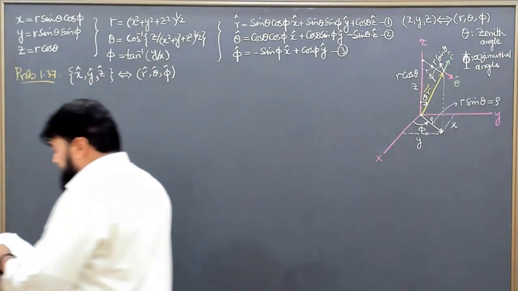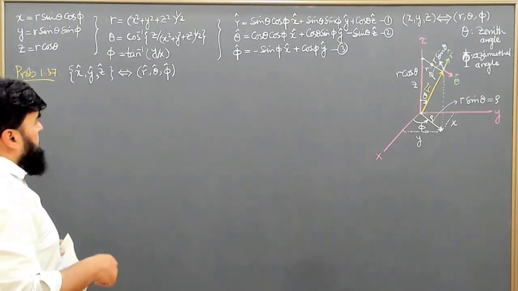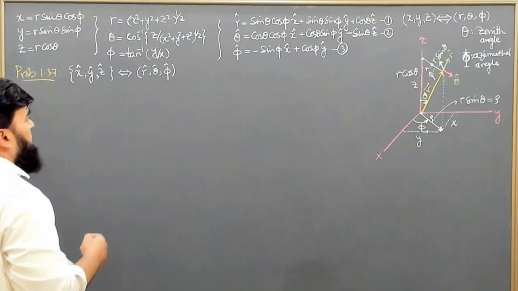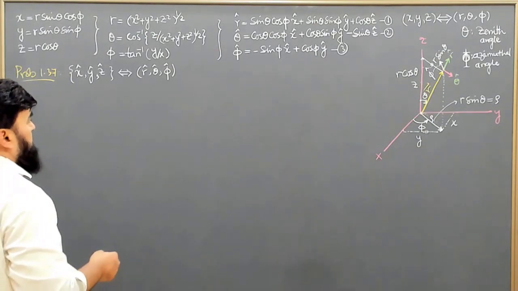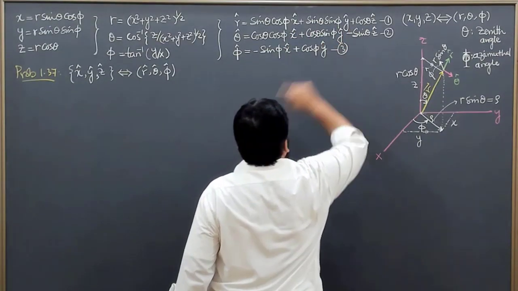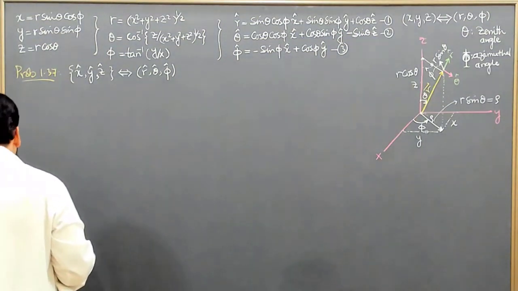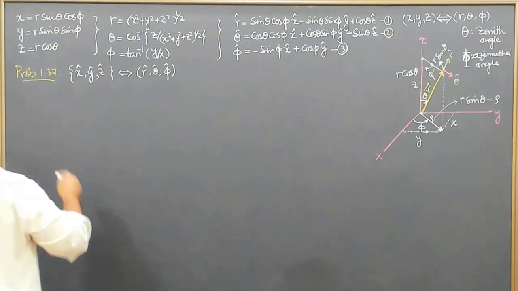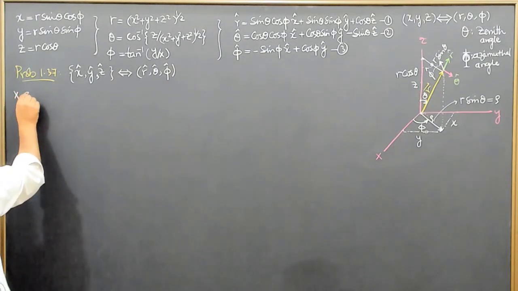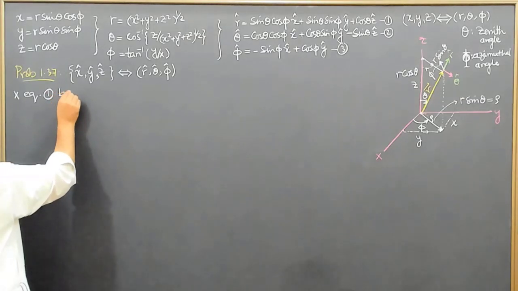So we will have to multiply them with sine theta or cos theta or sine phi or cos phi. Then we will eliminate, for example, if we want x here, we will have to eliminate y and z. So to do this, let's multiply equation 1 by sine theta.